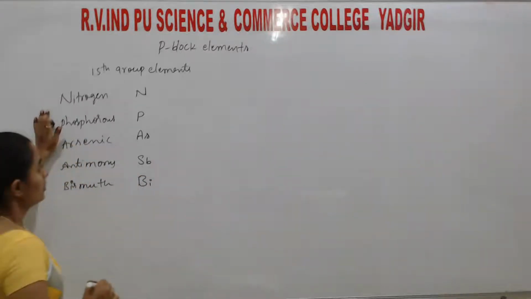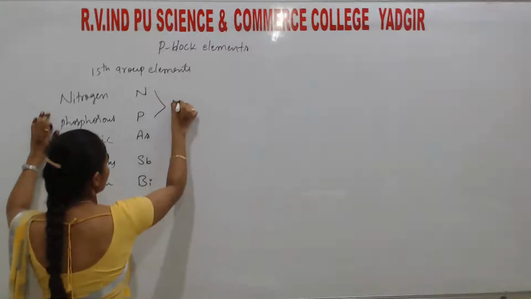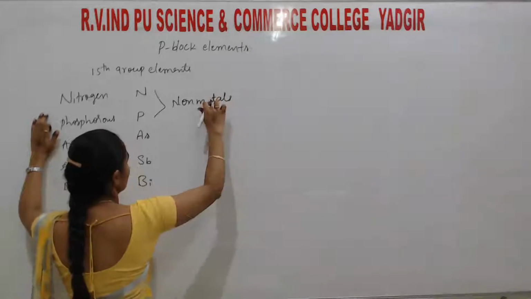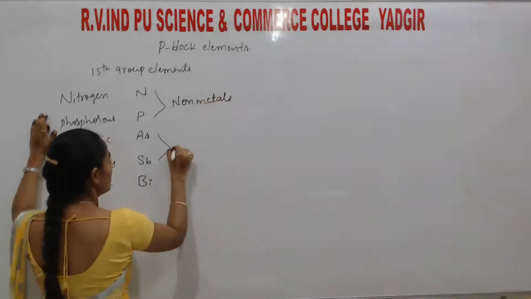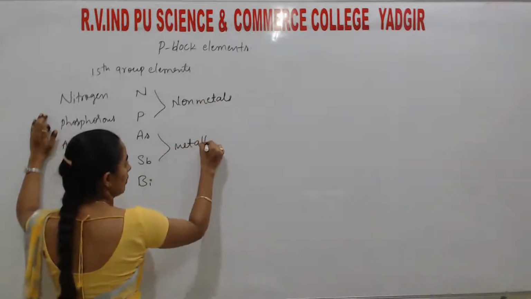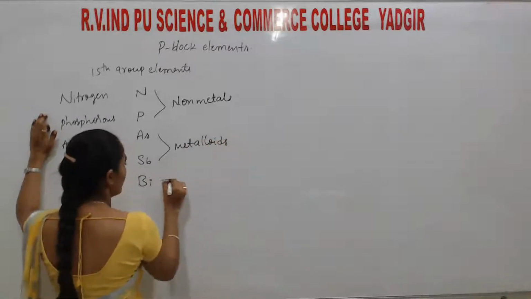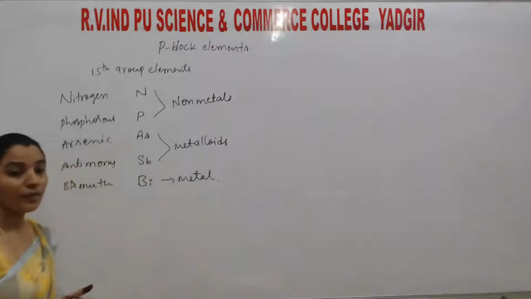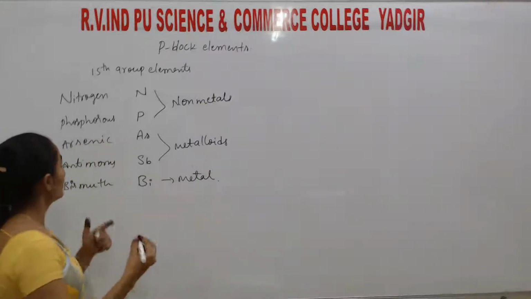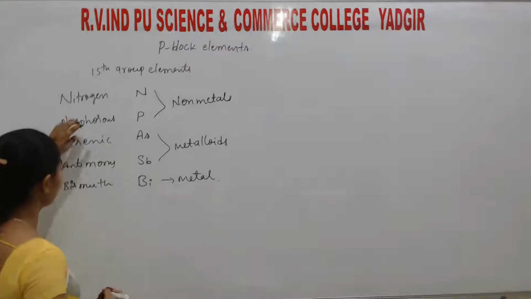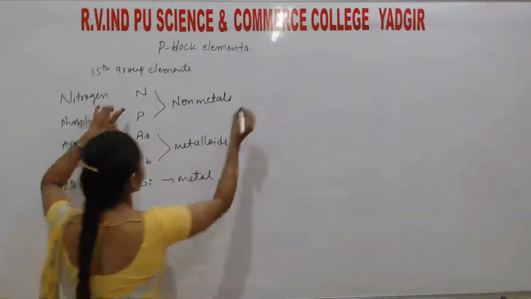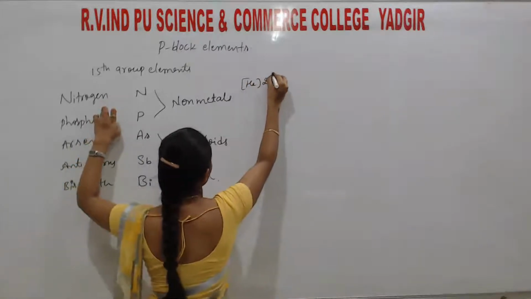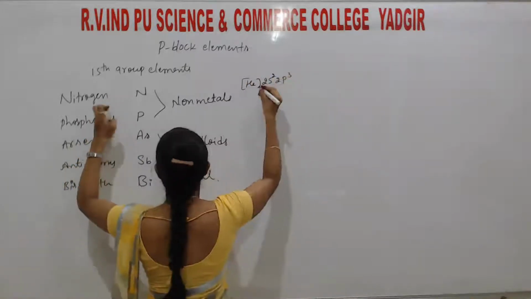So students, these two are non-metals, these two are metalloids, and this one is a metal. Now I write their configurations. This one is helium 2s2 2p3.